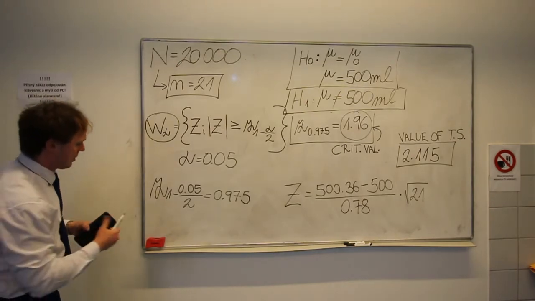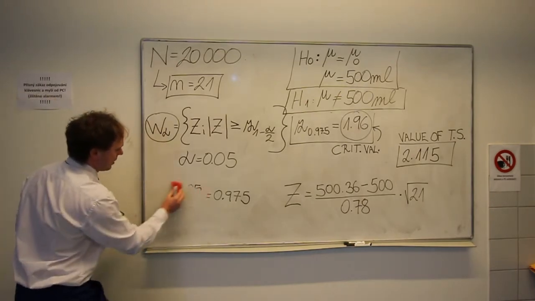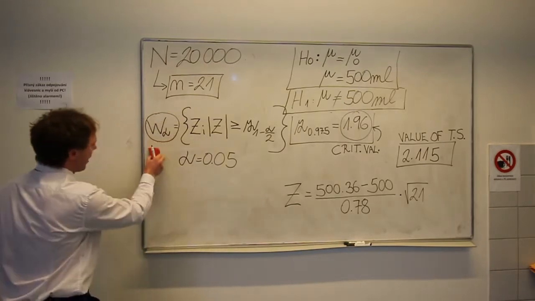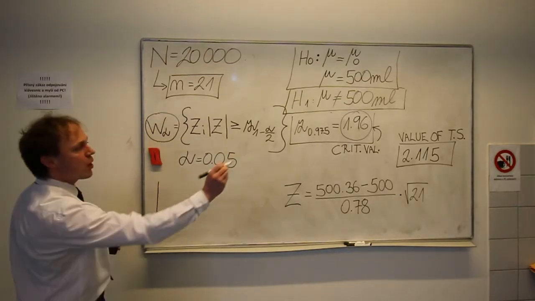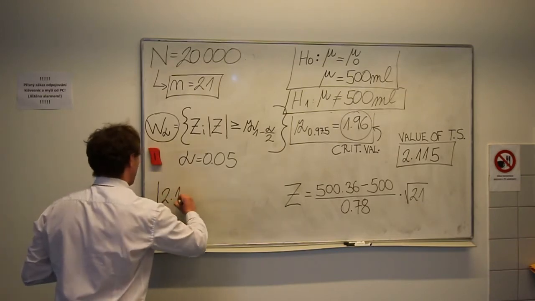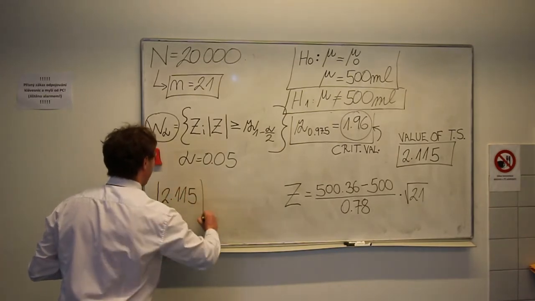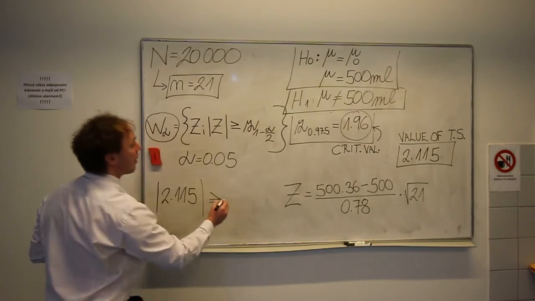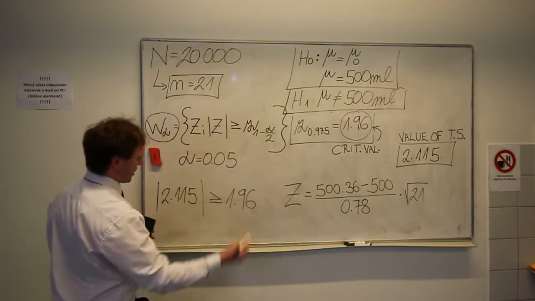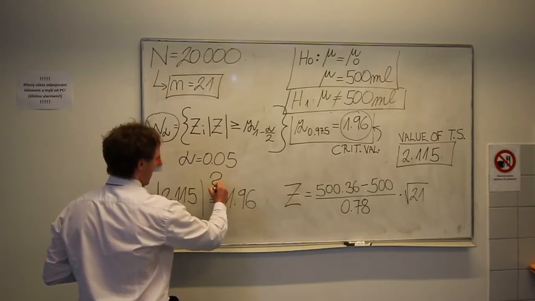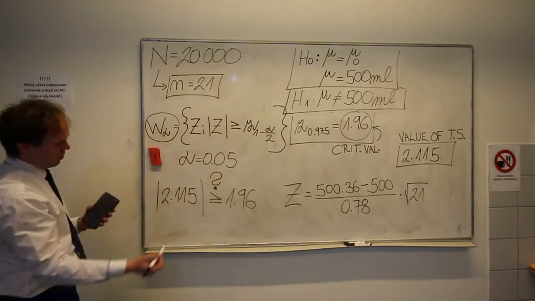So what happened? I will delete this, and I will write here a question. Absolute value 2.115, higher or equal to 1.96. And the question is here: is it true?